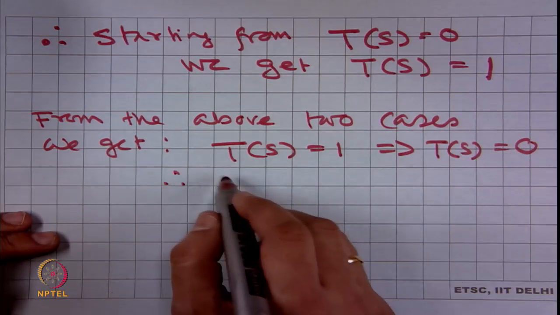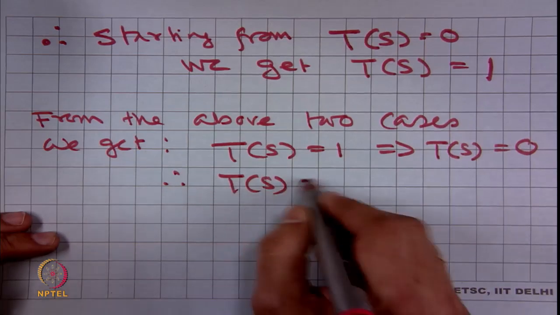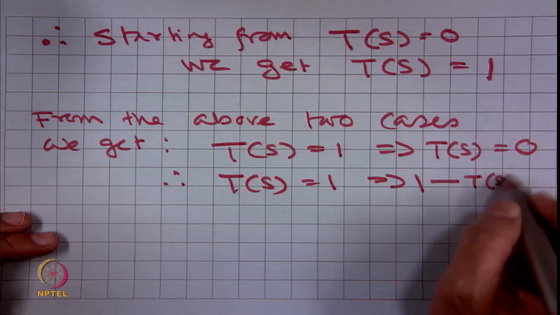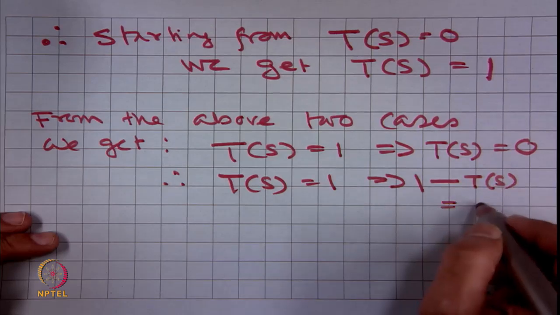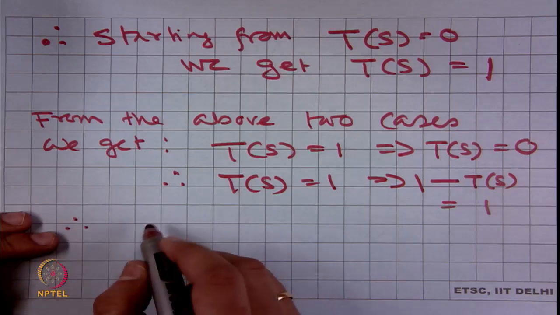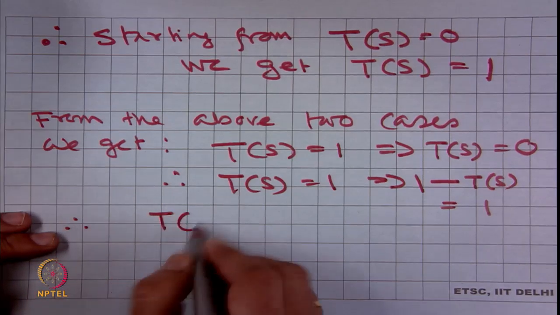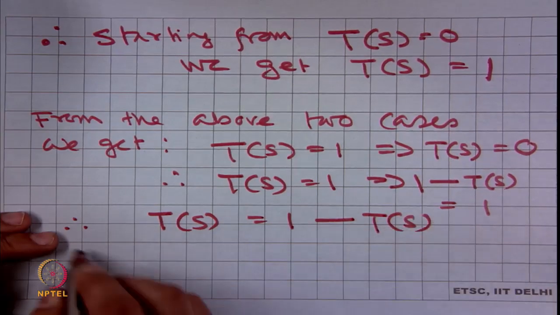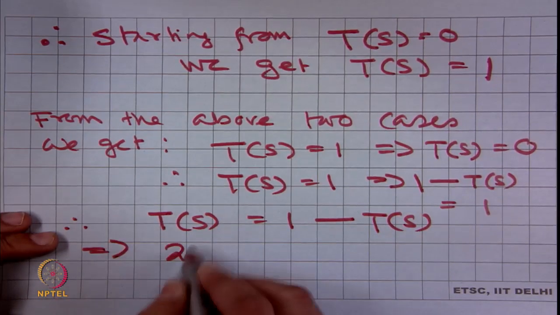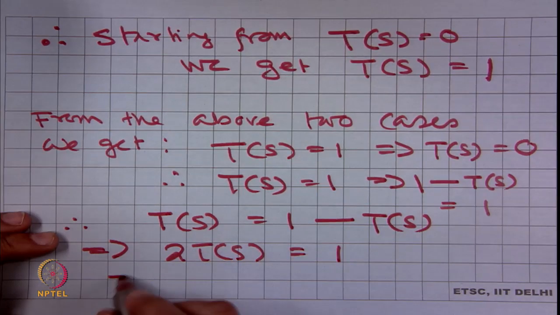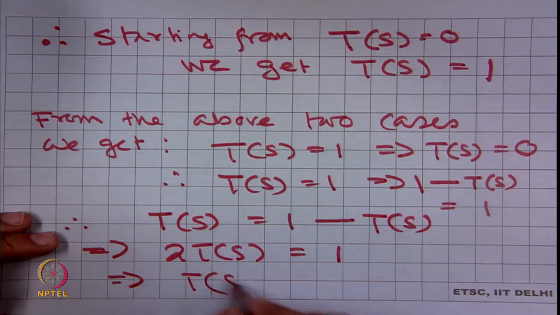Therefore, T of S is equal to 1 implies 1 minus T of S is equal to 1. Therefore, T of S is equal to 1 minus T of S implies 2 T of S is equal to 1 implies T of S is equal to half.